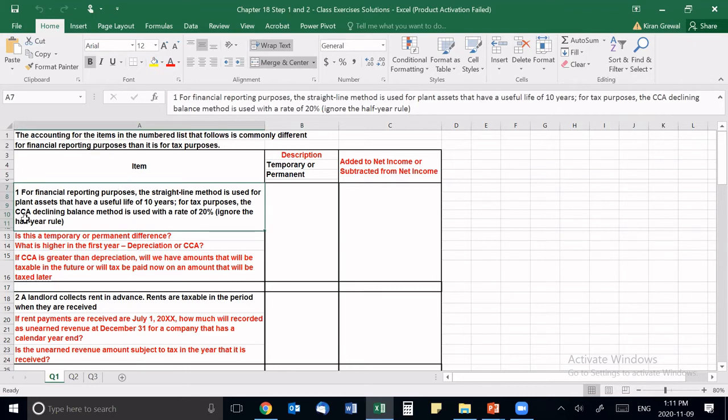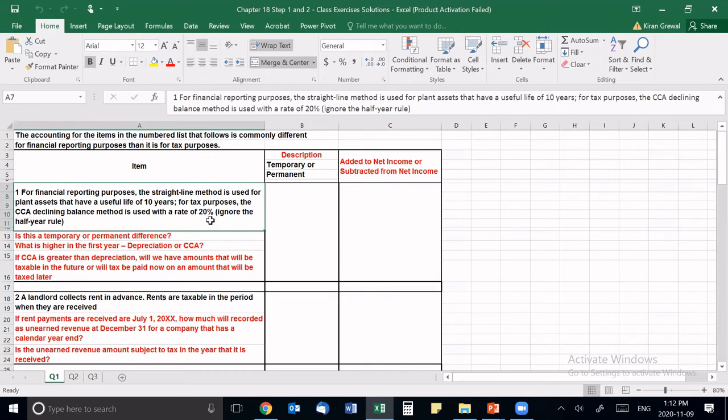So CCA versus depreciation, at the end of the 10 years, the asset will be depreciated 100%. So the full amount of the asset will be depreciated and all of the CCA will be taken as well. If you keep going at the 20%, eventually the 20% is going to run out and then everything will be recorded for CCA purposes.